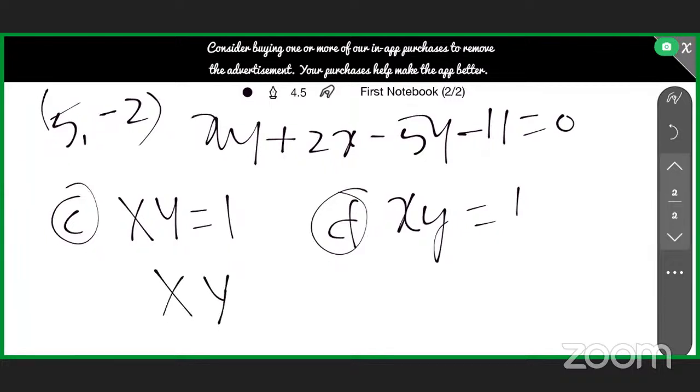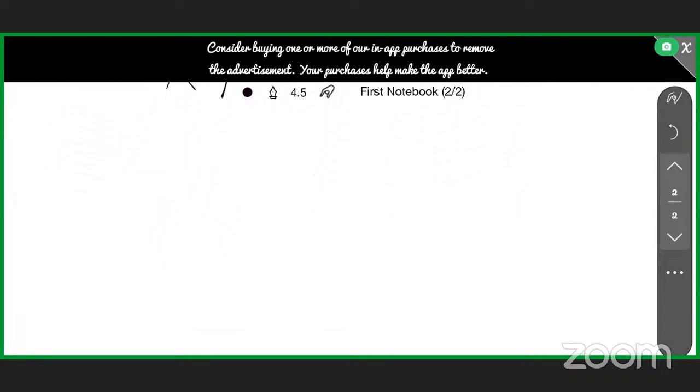Okay, we'll go to the next question. Same thing, a translation of the equation.